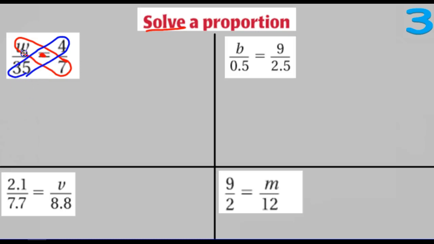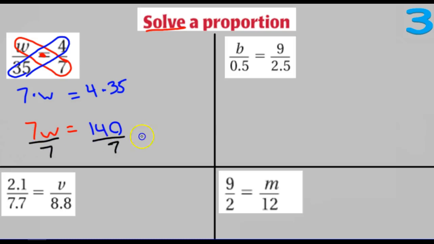So we'll have 7 times W equals 4 times 35. Now 7 times W is 7W equals 4 times 35, which is 140. So we have to solve this for W. So divide by 7, and W equals 20.